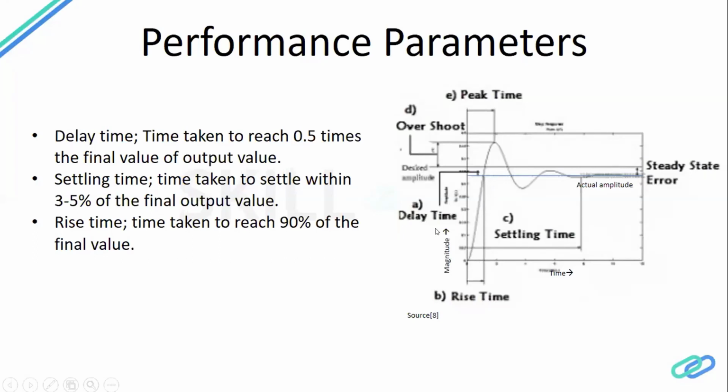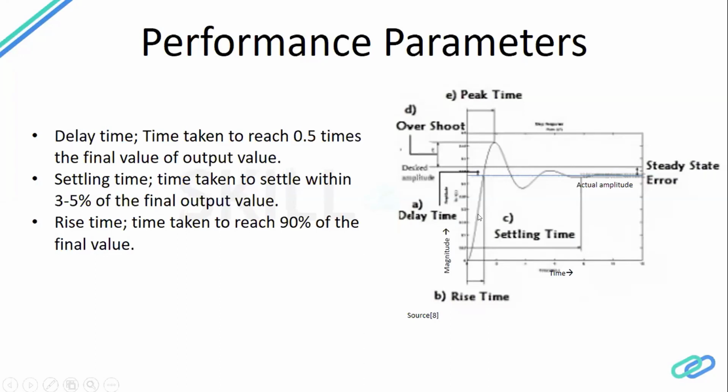Delay time is mainly because of the system's own dynamics. It can be its inertia, it can be the initial state it tries to cover up. So delay time can vary, and most control designers try to reduce the delay time so that the system is sensitive and can respond as fast as we want.